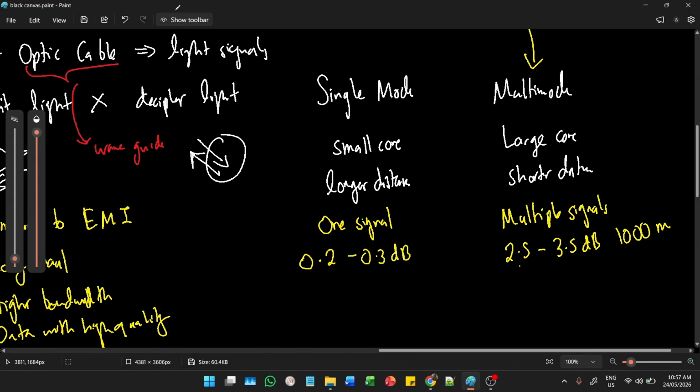Look at that. That is so low per 1000 meters, right? So that's a very big benefit of using single mode over multi-mode, right?